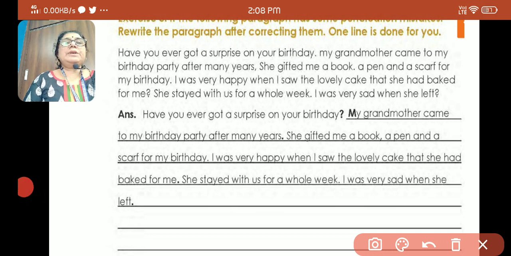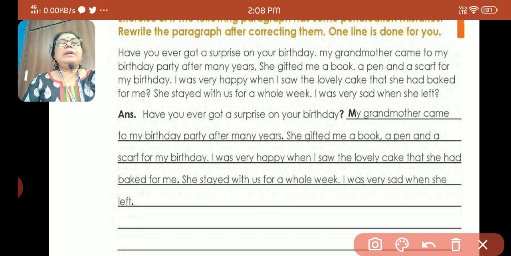Now let us read and mark where all the mistakes are, right? Have you ever got a surprise on your birthday? After birthday, full stop. No, we've put a question mark. Now after a full stop, when we begin a sentence, what should come? So we have marked here, my.